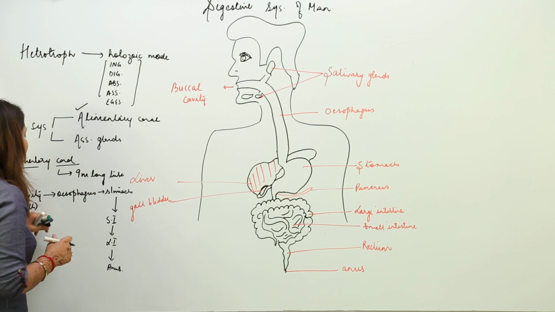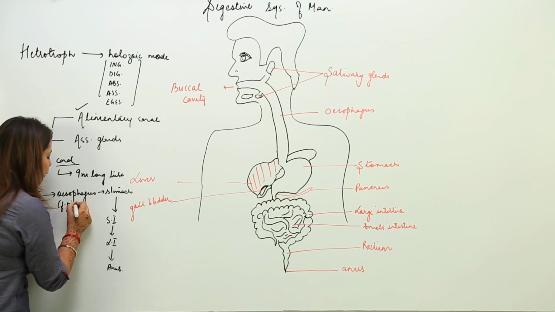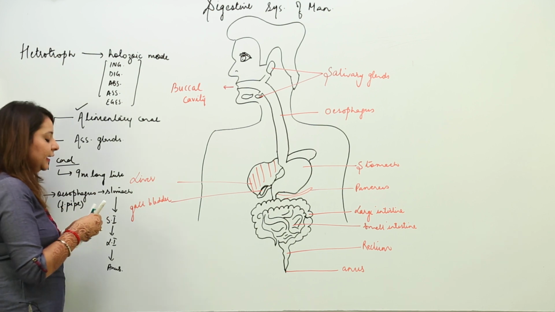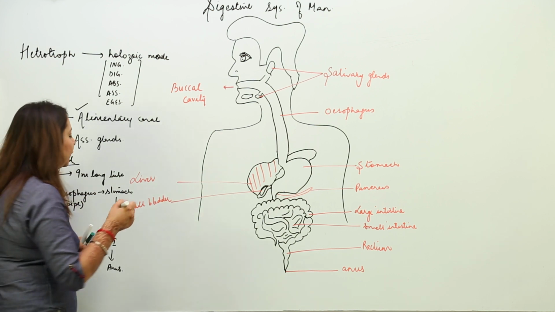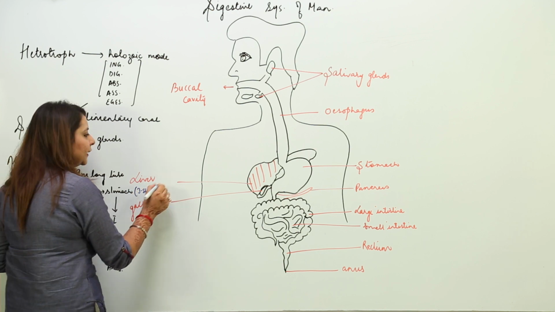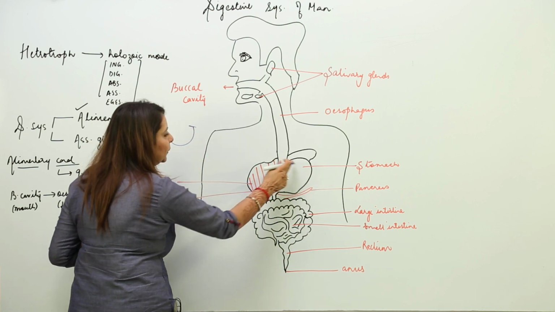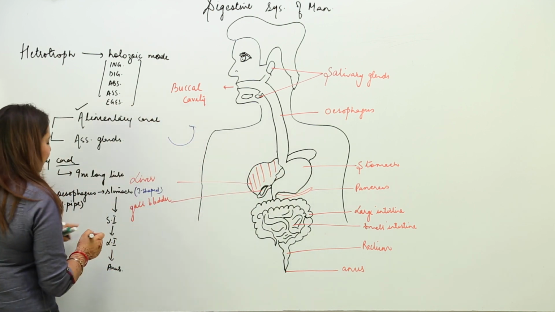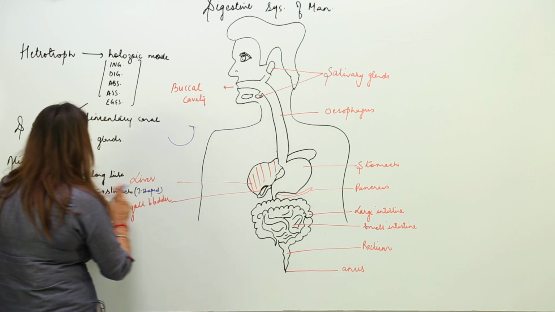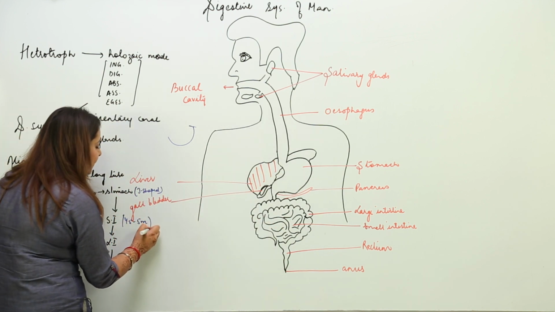The other name for esophagus is food pipe. Esophagus is also called the food pipe. If we talk about how the stomach looks, it is actually J shaped. You can see it appears to be J like. And small intestine is this, out of 9 meter, 4.5 to 5 meter is the small intestine.